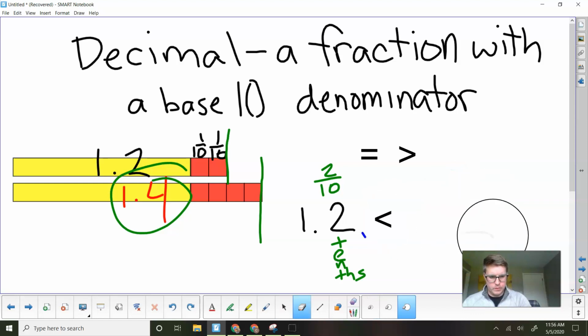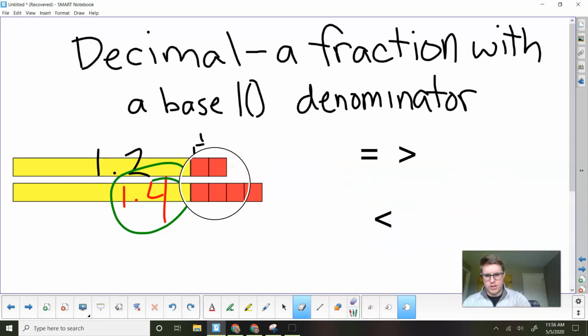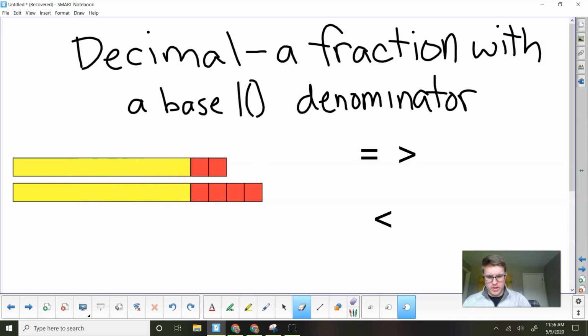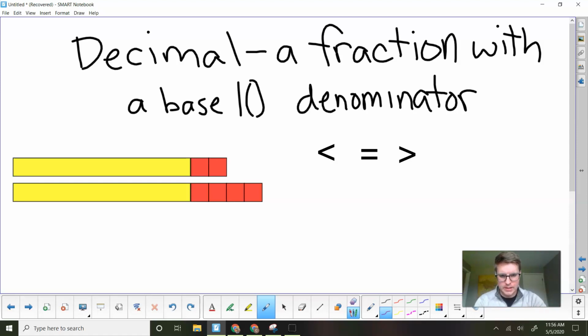Okay, well done. There's just one more thing I want to do before I move on to US history. I lied, okay? What if I have a fraction, or what if I have a comparison that looks like this?